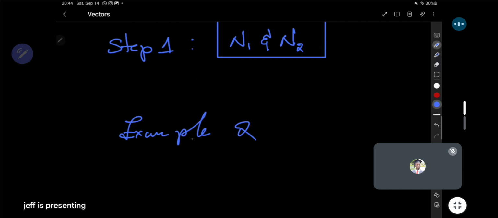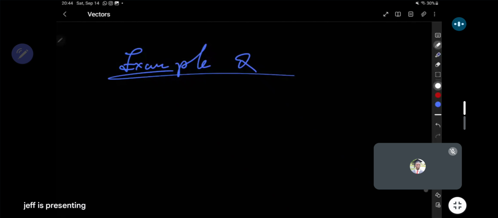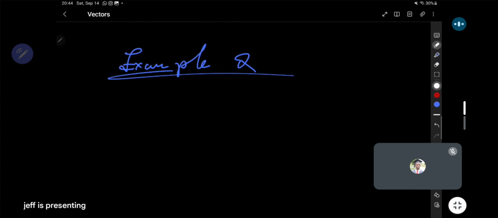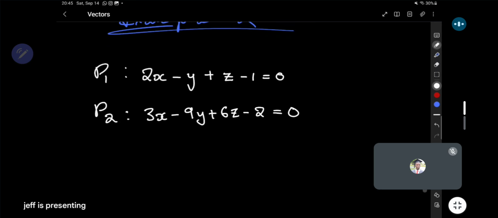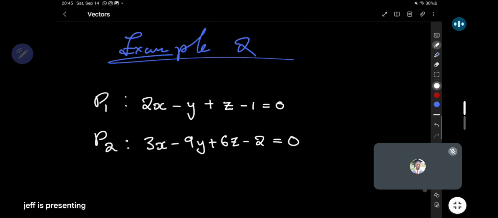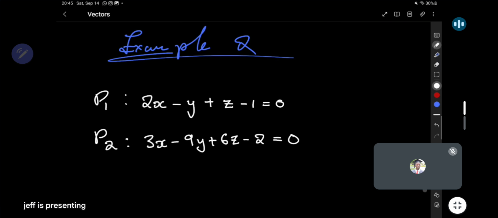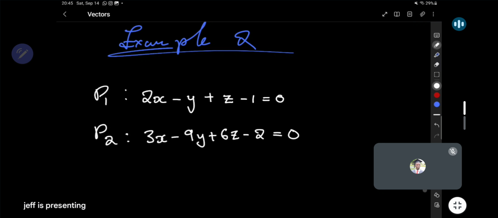Example 2. We're discussing the intersection of planes. Let's look at our second example. In this case again, we want to discuss the intersection of these two planes. So first thing we want to do is check their normals.